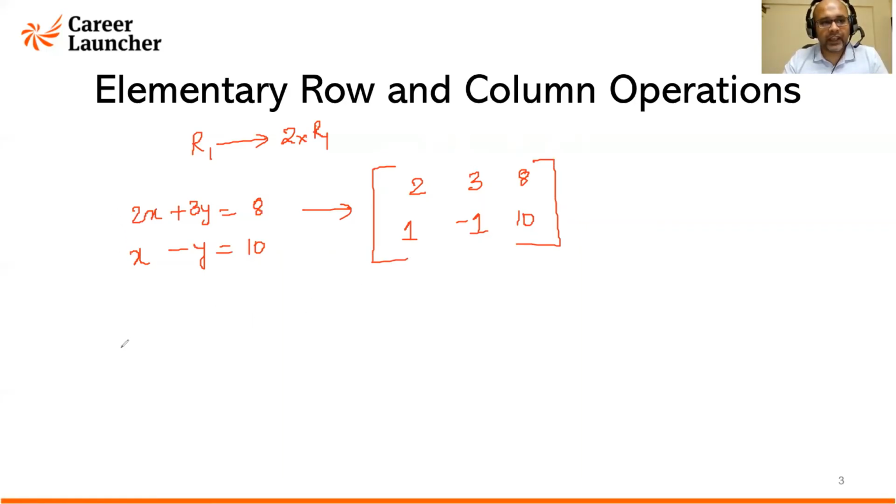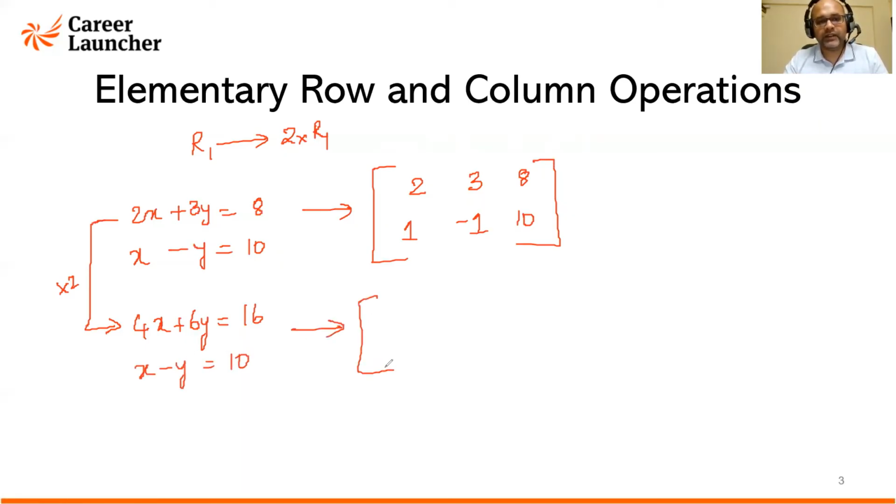Now, if I write a new pair of equations where I multiply the first by 2, it is 4x plus 6y equal to 16 and x minus y equal to 10. What do I get as a matrix? I get 4, 6, 16, 1, minus 1, 10.